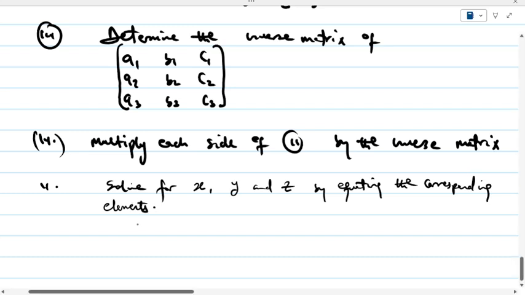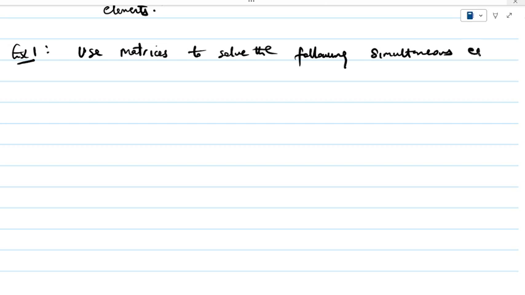Okay, so let's check an example. Example 1. We have used matrices to solve the following simultaneous equations.